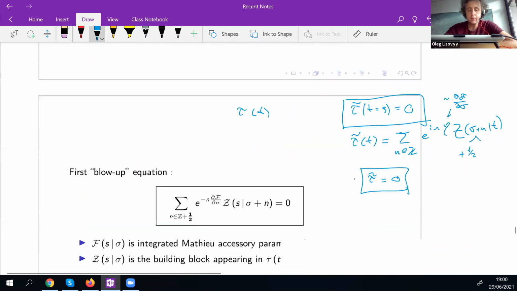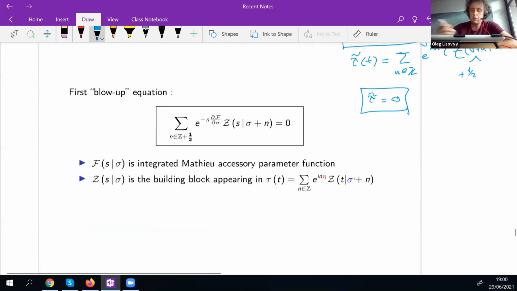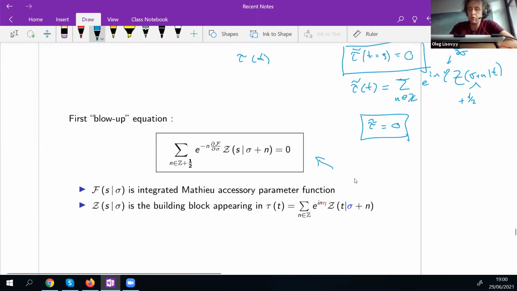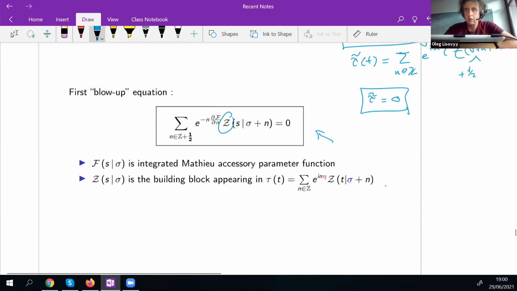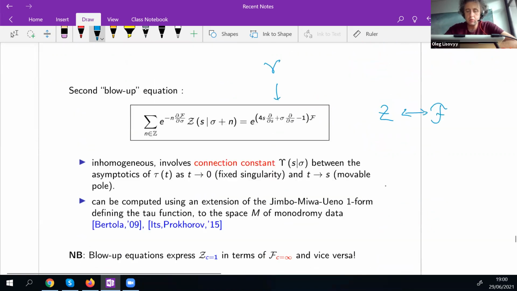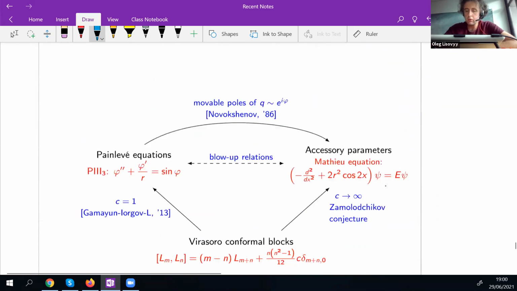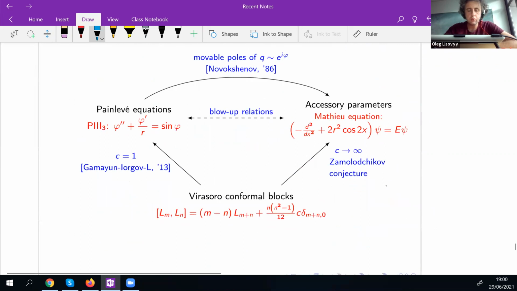And so in principle, equations of this type allow you to give an independent characterization of this Z in terms of accessory parameters. Right, so this is what I wanted to say.